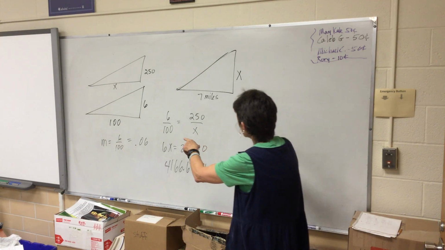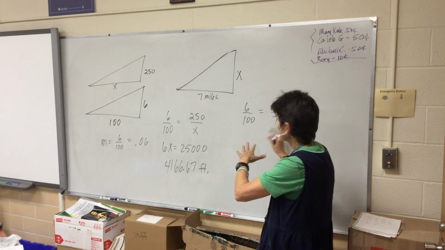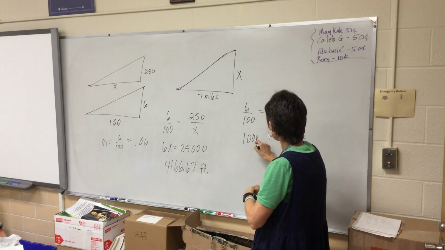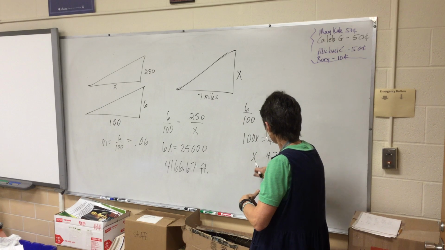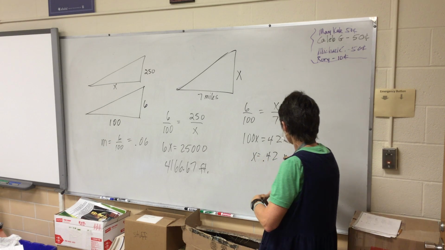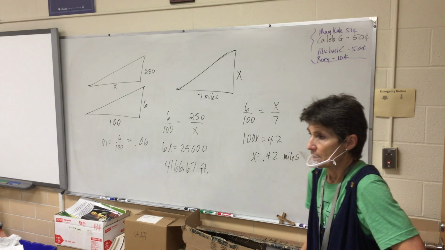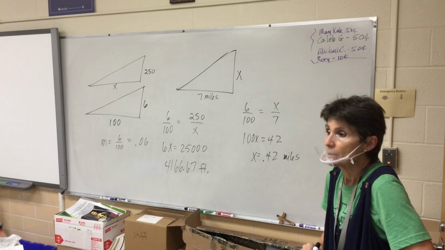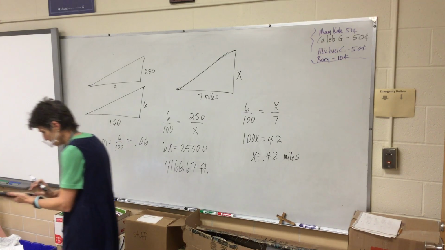We can go ahead and do 6 over 100 equals x over 7. That's totally fine. So 100x equals 42. So 0.42 miles. Change that to feet. Multiply it by 5,280.